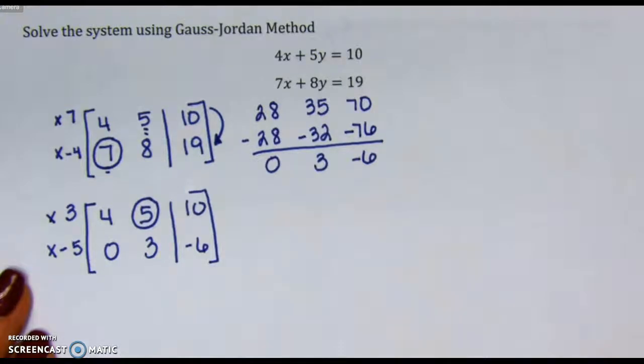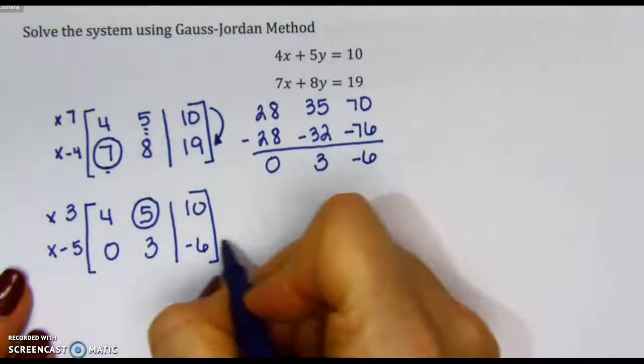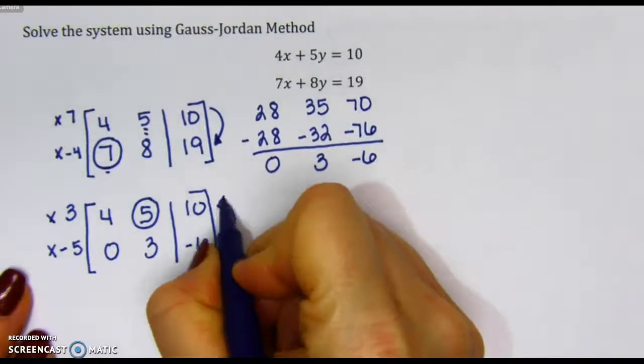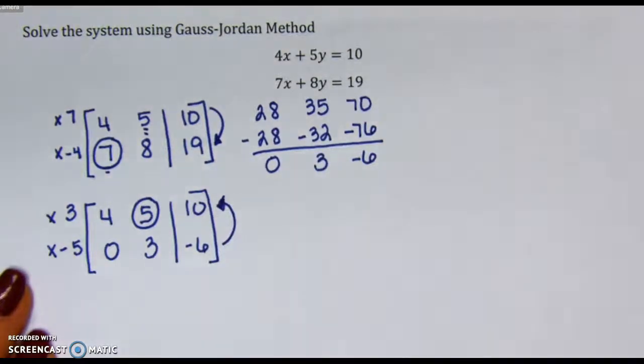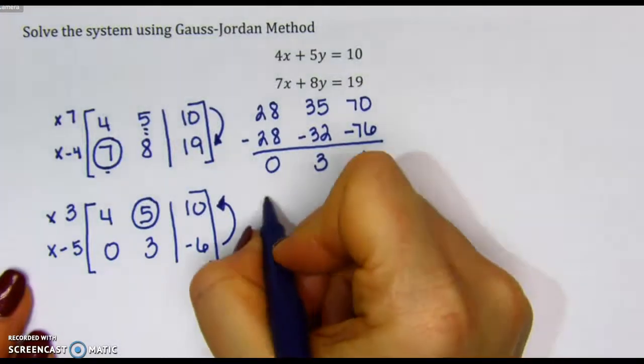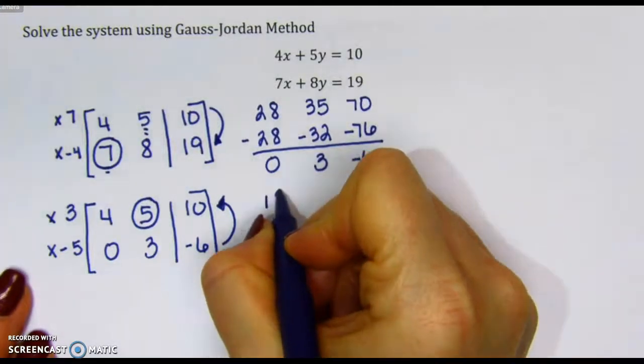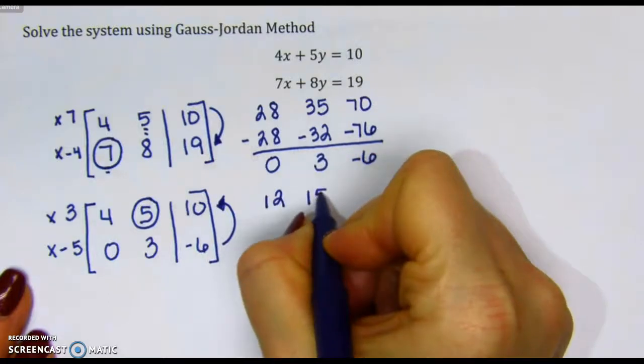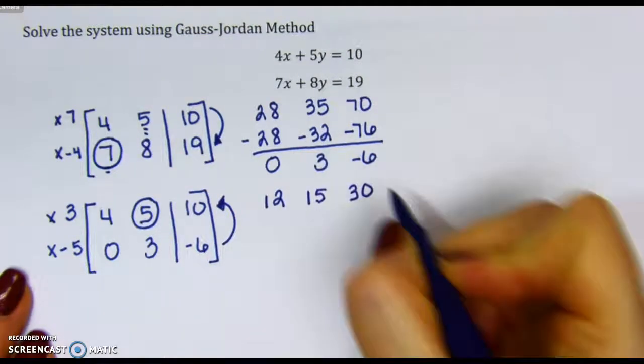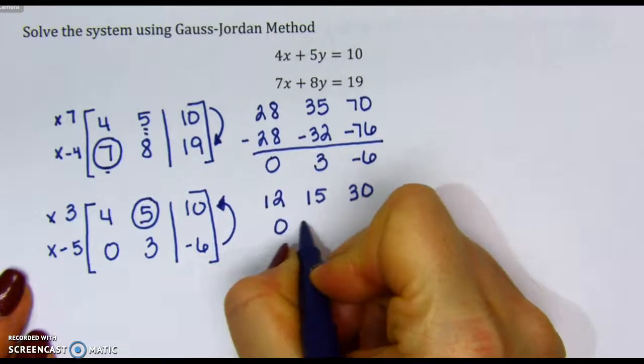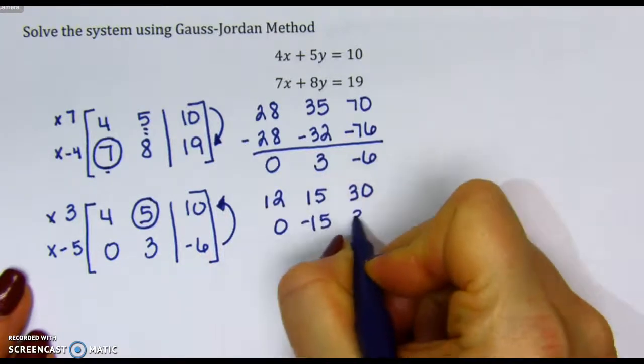You could do the top by -3, the bottom by positive. It doesn't matter. And I'm going to add up because I want to replace that top row with where my 0 is going to end up being. So when I multiply 3 across the top, I see we have 12, 15, and 30. I have 0, -15, and +30.